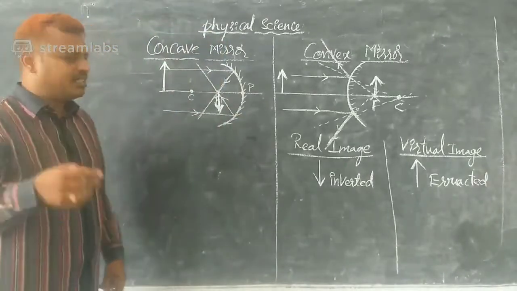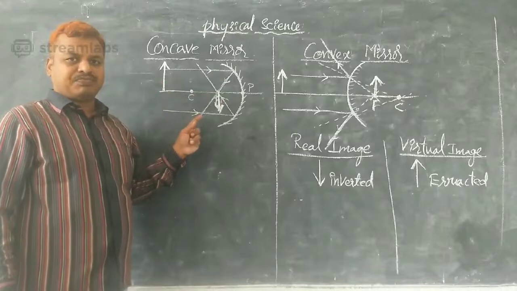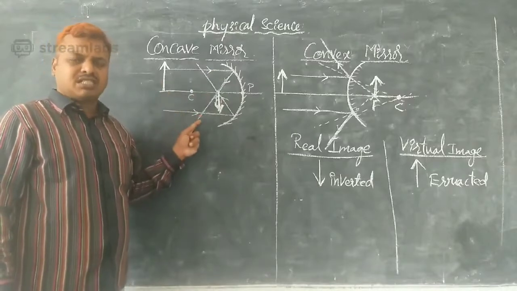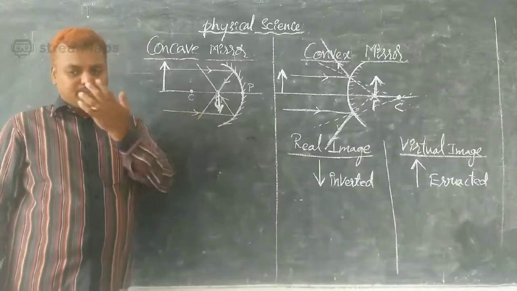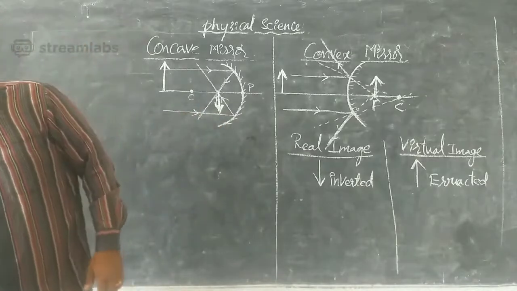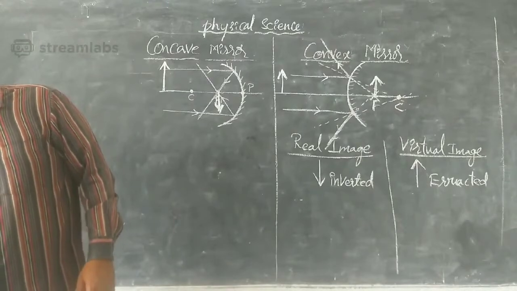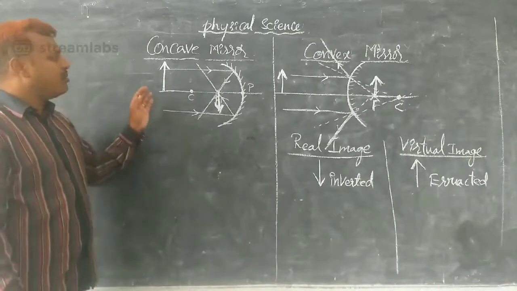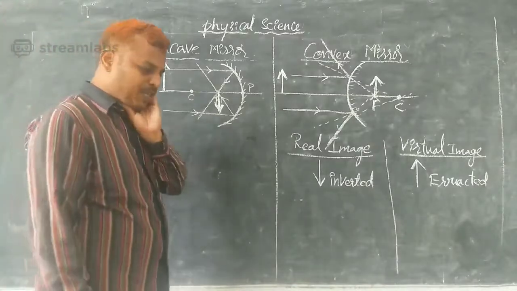Okay? Right. So concave mirrors are always converging mirrors, and they converge the light rays. Images are formed on the same side, right? So here in concave mirror, different types of images are formed.